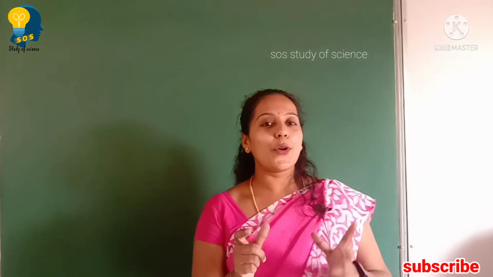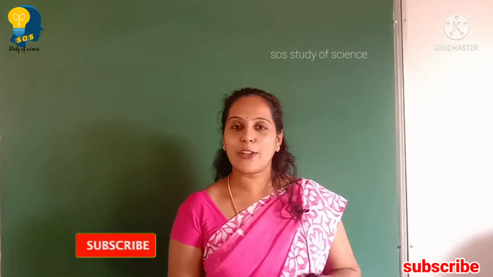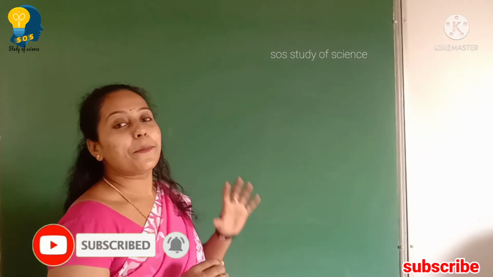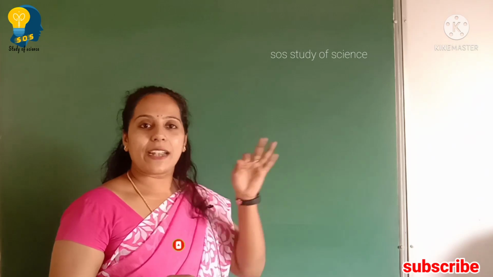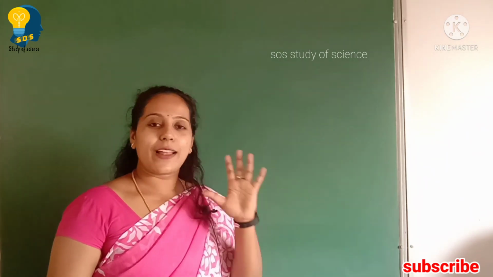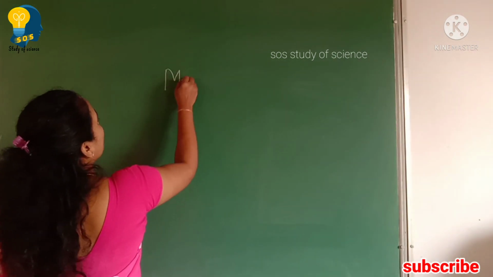Hope everyone is fine. Students, in today's class, I am going to teach you a very important structural and electron dot structural formula, that is benzene. It is very simple to write benzene. You have to remember what exactly we have to write while writing its structure as well as the electron dot structure. First of all, the molecular formula.